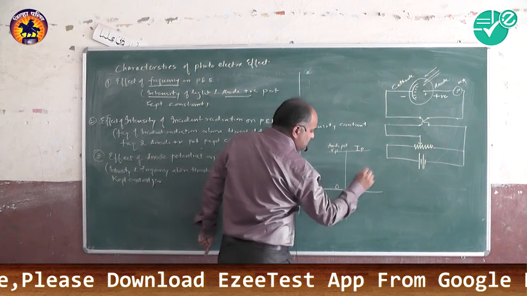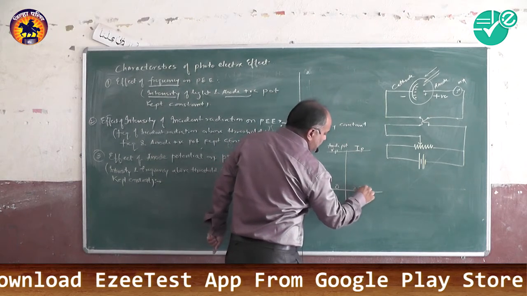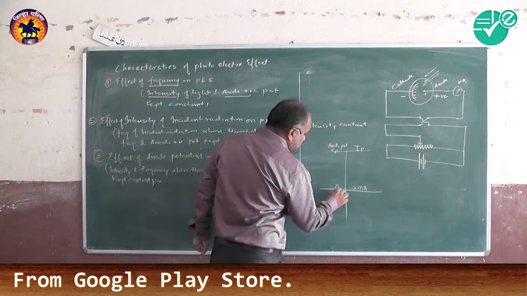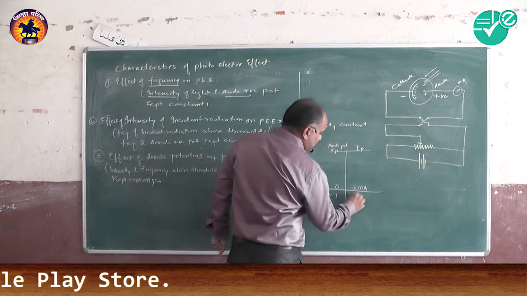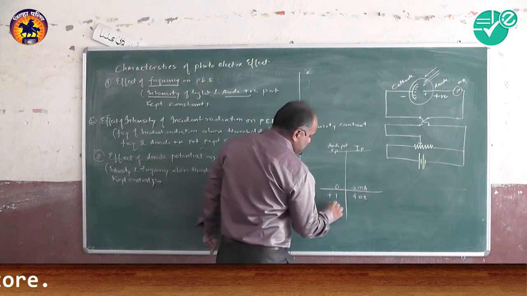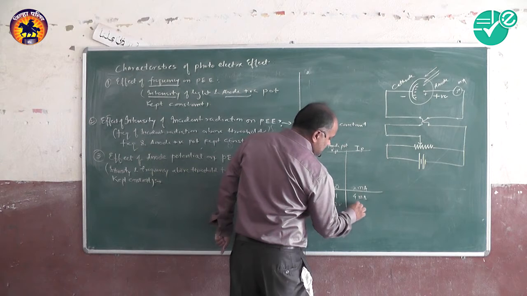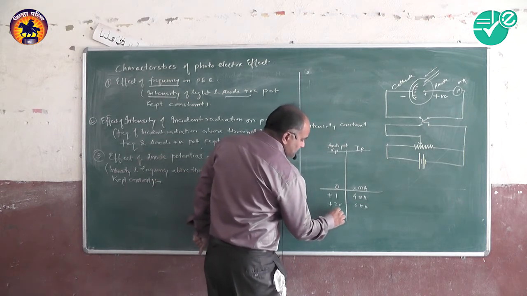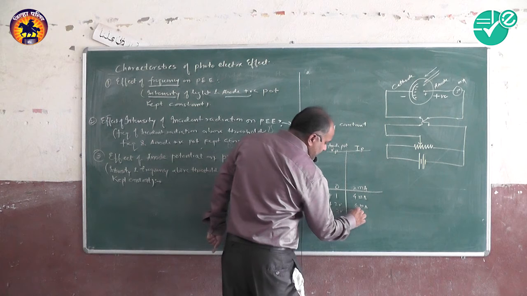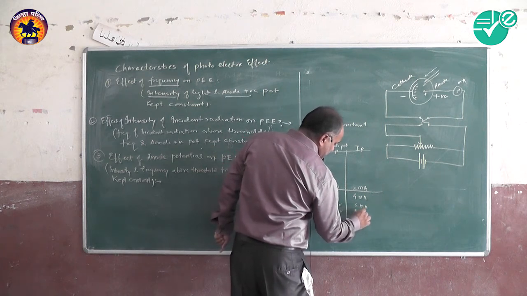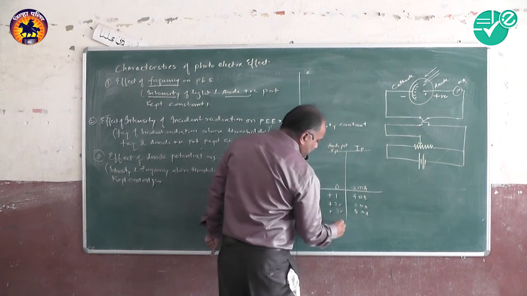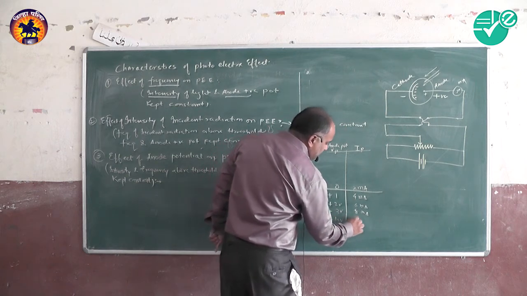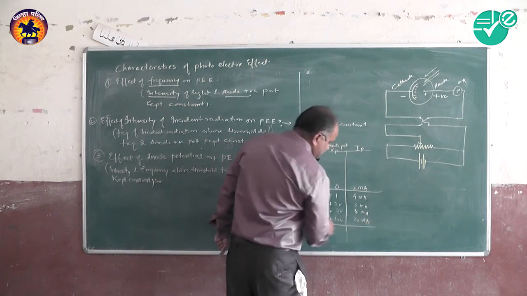The current we might consider to be 2 milliampere. Now I am giving it plus 1 volt, current becomes 4 milliampere, plus 2 volt, current becomes 6 milliampere. Then at 3 volt it is 8 milliampere. And we continue to go on increasing. Let us consider at 10 volt, the current is 20 milliampere.